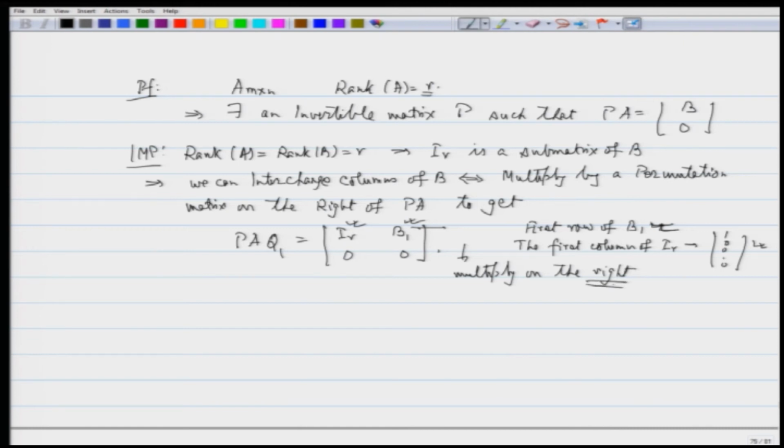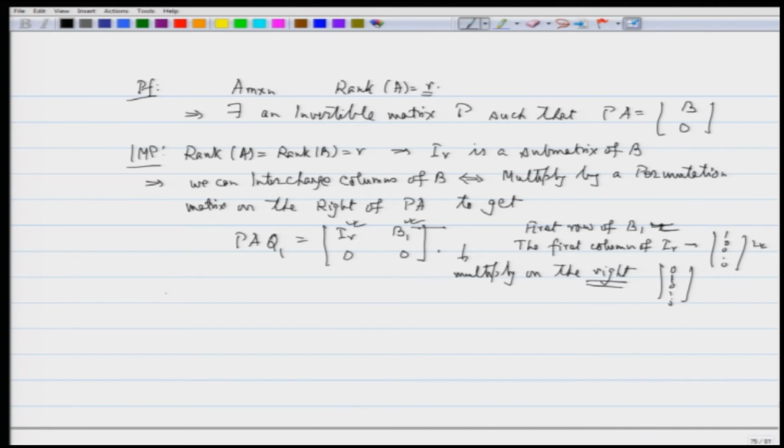Is that okay? So, therefore, what we are saying is that similarly, to make the second row of B_1 to be 0, I have to use the second row of I_R, which will be 0 1 0 0 0, fine. So, this way I can make all the entries of B_1 to be 0, or I can just multiply by some matrix and then get them to be 0.